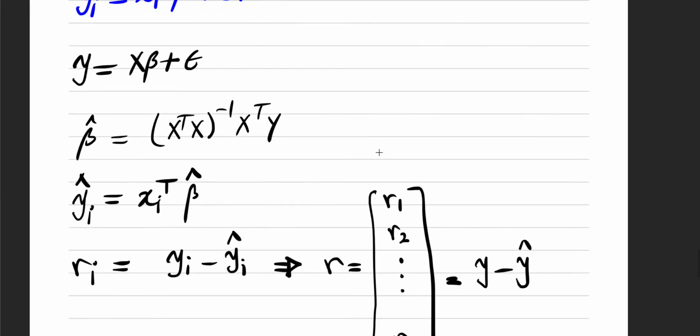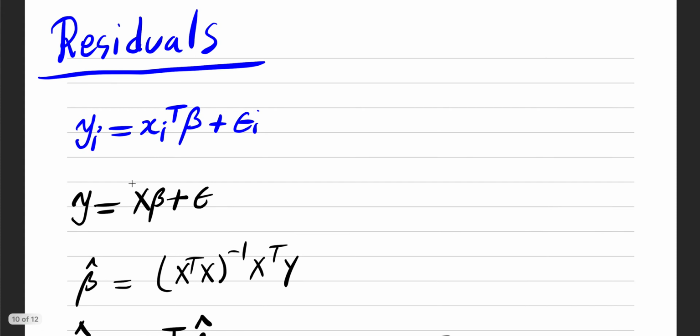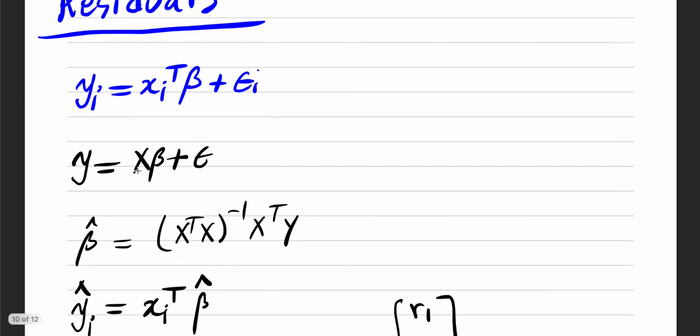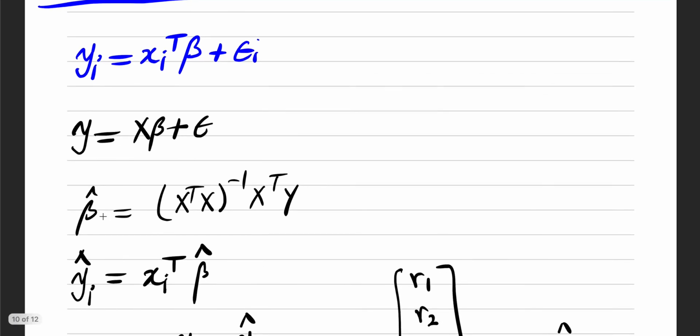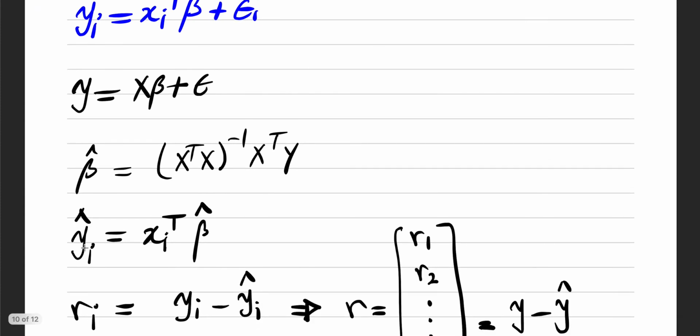So, just a refresher, what are residuals? Well, this is our model. Our observation is a linear transformation of our features plus some irreducible error. This is a vector inner product. Here's the matrix format. And this is our least squares estimate. And using that, we can make a prediction.